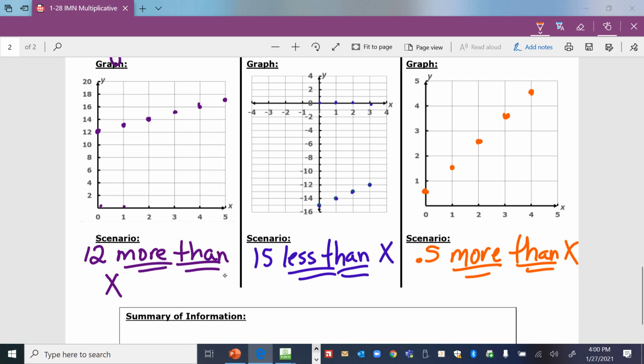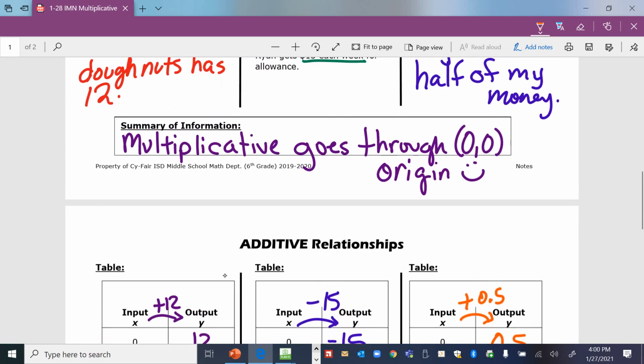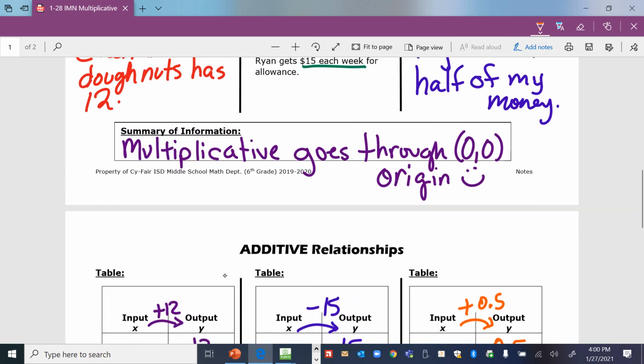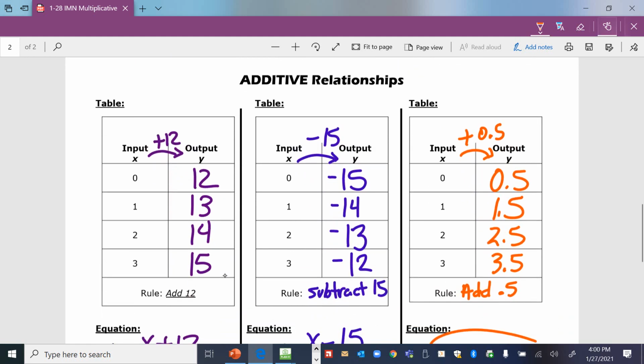So summary of information. If you recall, back in the multiplicative, it goes through the origin 0, 0. But look at these additives. Do they go through 0, 0? No, not a one of them goes through 0, 0.